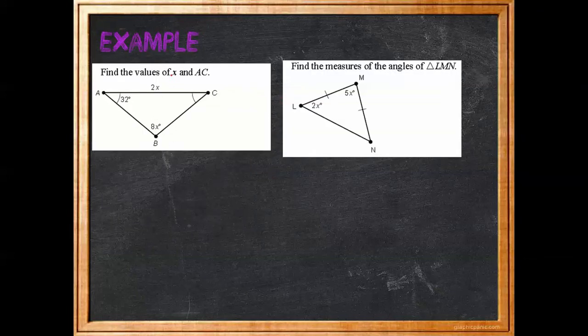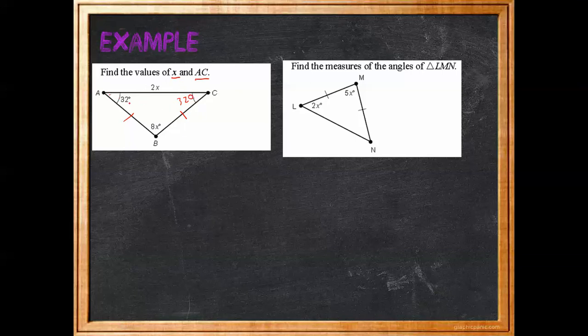Okay, here we want to find the value of x and then find the value of AC after that. Just like what we know here, we have two congruent angles, so we know that these two sides are congruent. We know this is an isosceles triangle, so we know that this angle is also 32 degrees.